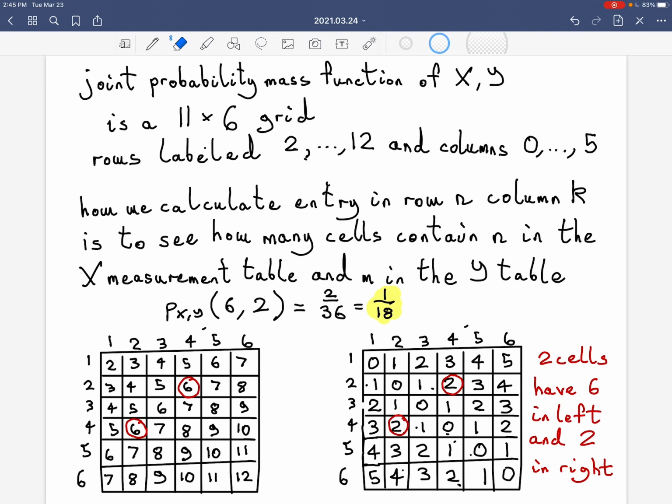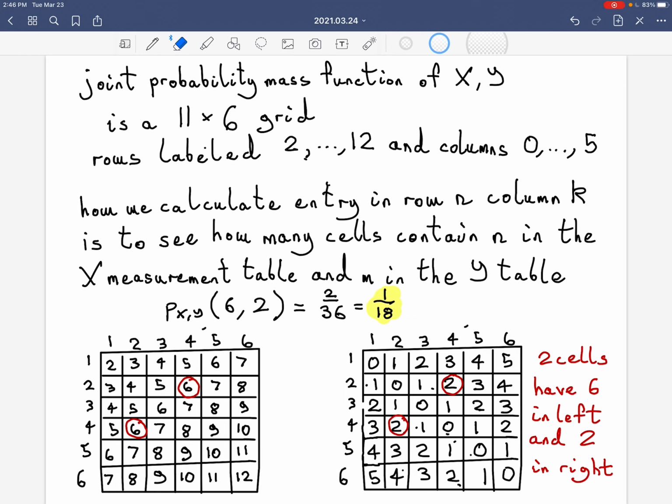I can also see that if the second die is 4 and the first die is 2, then I also get a sum of 6 and an absolute value of difference 2. So the outcome where the first die is 4 and the second die is 2 gives us my desired pair for random variable values.